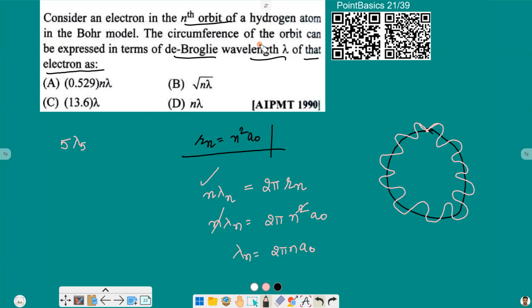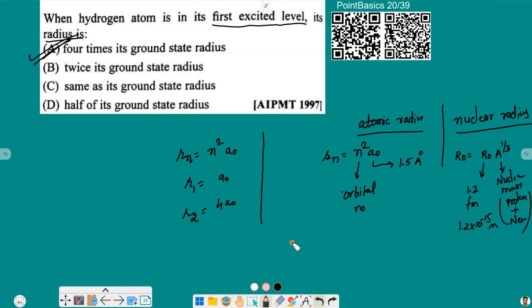Now nothing is mentioned regarding which orbit we have to take. So let's write for the ground state. So for the ground state, we will have lambda 1 equal to 2 pi times A naught. And okay, now I remember the value of A naught. It was 0.529 angstrom. I think I wrongly mentioned it earlier.